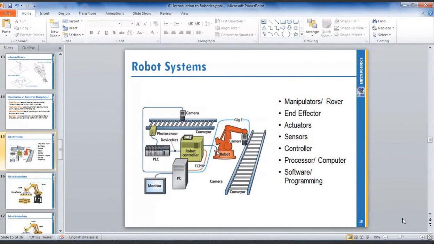Why? Because you have many joints here. You have 1 motor, 2 motors, 3 motors, and maybe 4 motors. So you have 4 motors to control the robotic arm at the same time. You need to move the robot at the same time from point A to point B. To make that decision, you need an algorithm inside this robot controller.